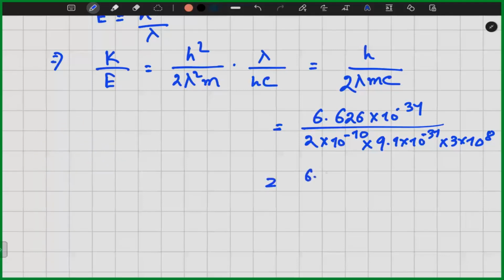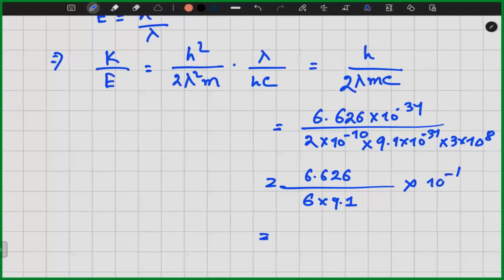So it is 6.626 divided by 2 into 6 into 9.1, with the powers of 10 combined to 10 to the power minus 1.